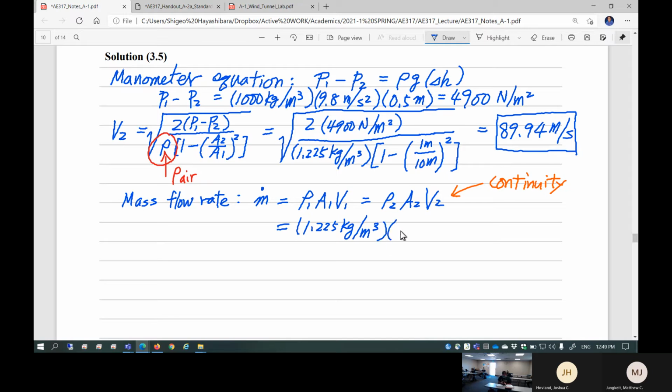Cross-section area, which one? Let's just use 2, okay? Cross-section area 2, the test section, is 1 meter squared. Velocity, oh, that's fine, because we got V2: 89.94 meter per second, so this is the test section airspeed. So this is going to give you the mass flow rate.